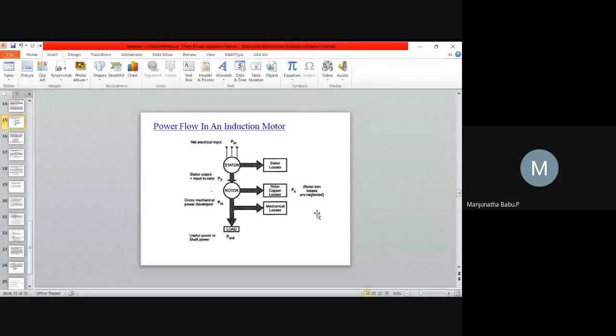Next, it is asking to find the rotor efficiency. To find the rotor efficiency, we must know the rotor output and rotor input.